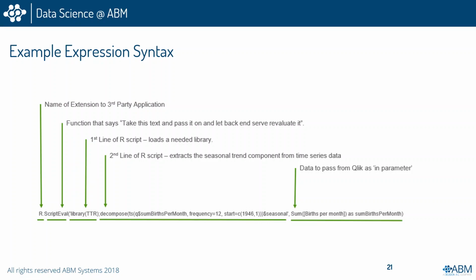So it needs to read fields from the Qlik Sense application and pass that into R. So for example, this sum of births per month would be a field that sits within Qlik, and it needs to pass that back into a function that's been defined in R in this case, or in Python.